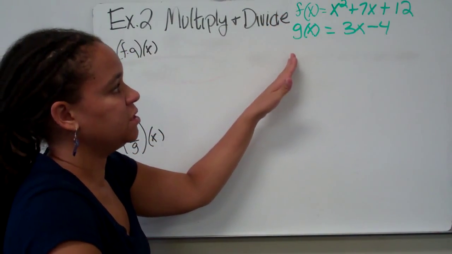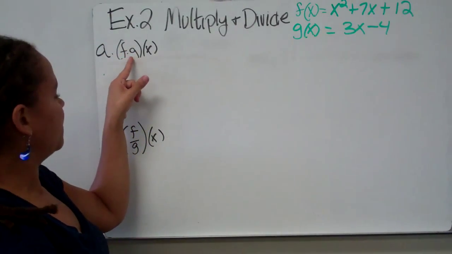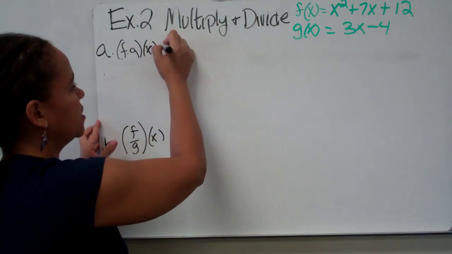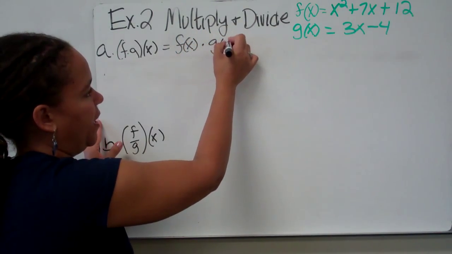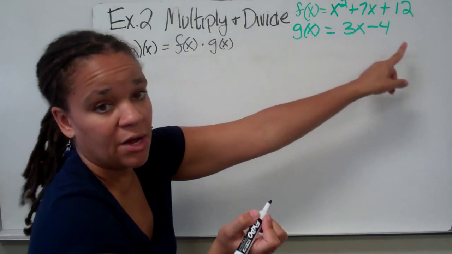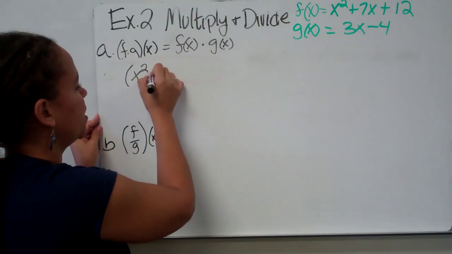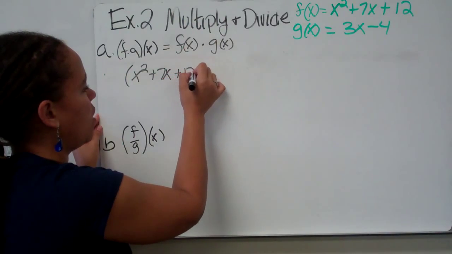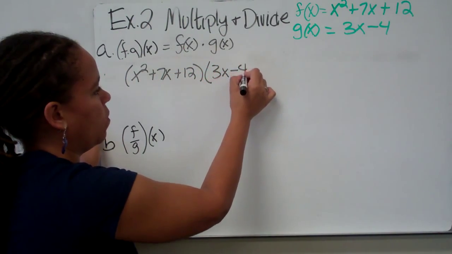Here are two functions, f of x and g of x, and I would like to multiply them together. f times g of x. So this really means f of x times g of x. So let's write out f of x, which is x squared plus 7x plus 12, times 3x minus 4.